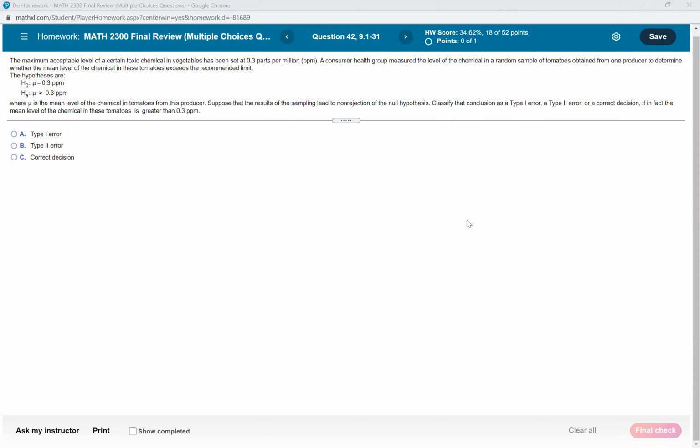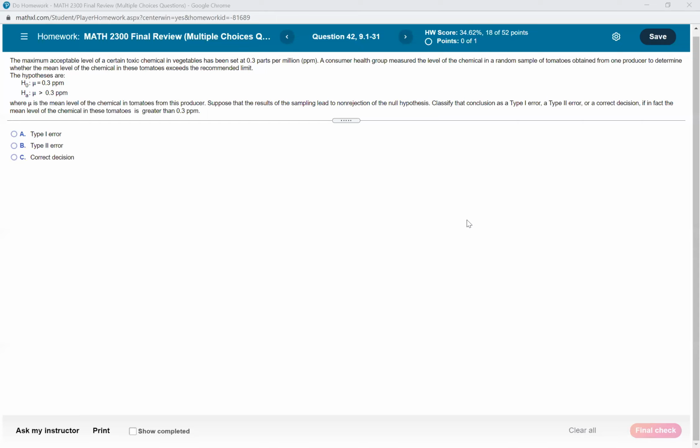Okay, the next one: the maximum acceptable level of a certain toxic chemical in vegetables has been set at 0.3 ppm. A consumer health group measured the level of the chemical in a random sample of tomatoes obtained from one producer to determine whether the mean level of the chemical in these tomatoes exceeds the recommended limit.